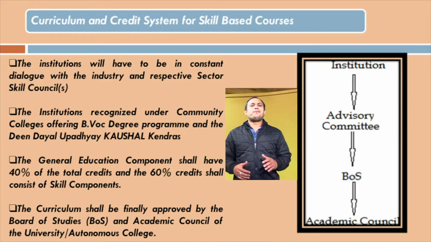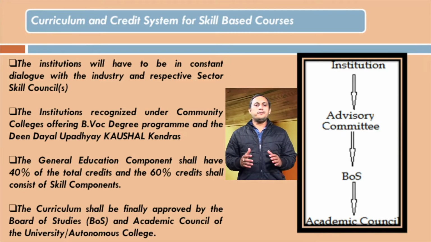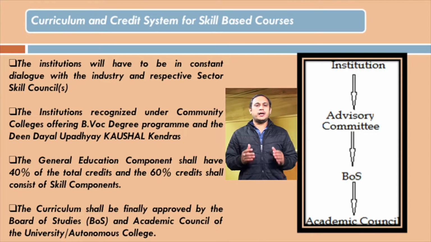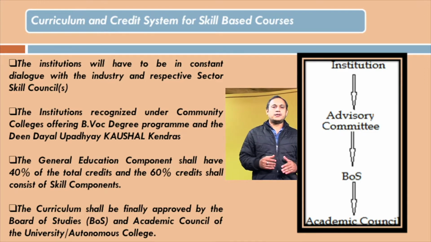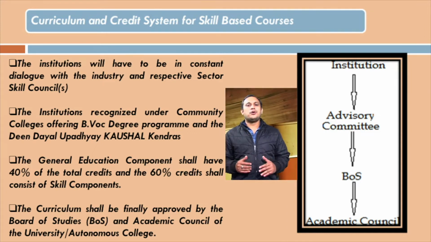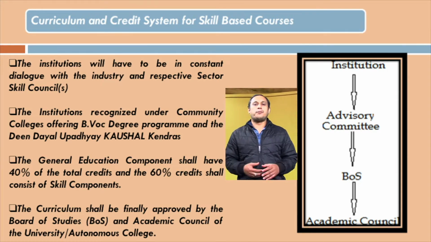The curriculum in each of the semesters or years of the program will be a suitable mix of general education and skill development components. The general education component shall have 40% of the total credit and the 60% credit shall consist of skill component.